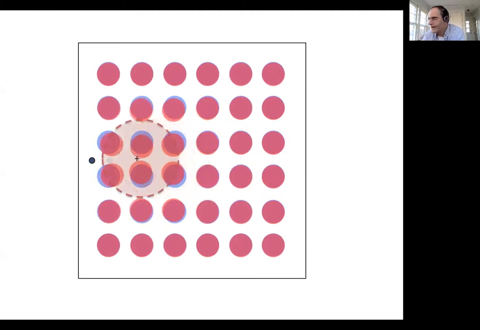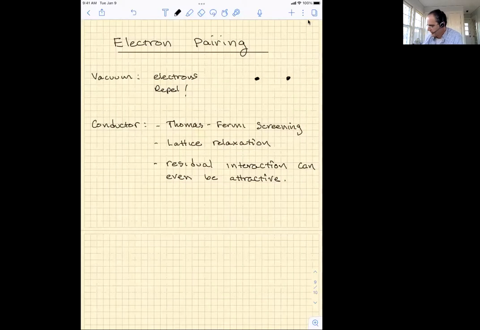So that's the essential element. If I have moving charges, one moving charge may interact with the positive cloud that's trailing the other moving charge. In a picture sort of like this. Here are my electrons now moving.